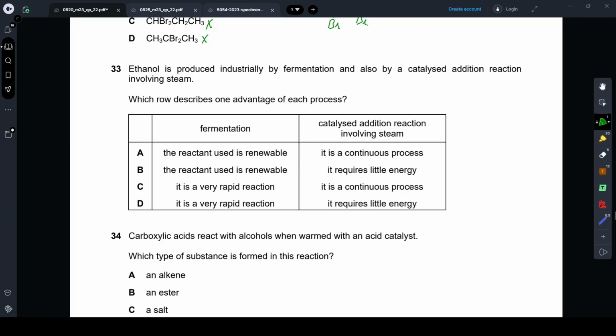Any guesses, Aram? It would be B. This one, right?